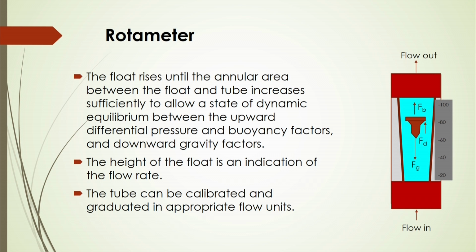So, three factors are there: differential pressure, buoyancy, and downward gravity, which are nothing but forces. You get a height of the float at a certain equilibrium position which indicates the flow rate, by balancing these three forces. The tube is generally calibrated and graduated in appropriate flow units whenever you measure a certain flow rate with this rotameter.